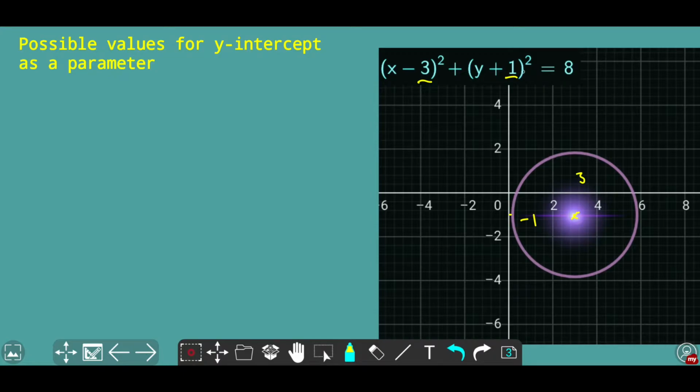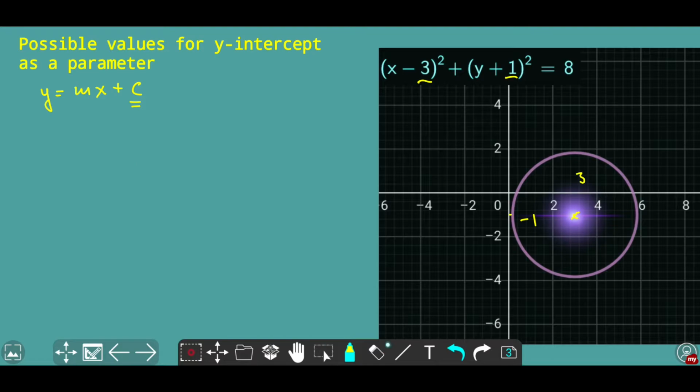Here you can see the title for the slide: possible values for y-intercept as a parameter. We're talking about the general equation of the line y equals mx plus c, and we're going to consider parameters for the y-intercept. So we need to have a specific value for m, the gradient, and we are going to play with the c value in order to meet conditions in a given problem.